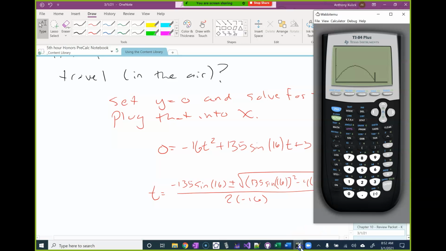All right, so negative 135 sine 16 plus the square root of 135 sine 16 squared minus 4 times negative 16 times 3, over 2 times negative 16.